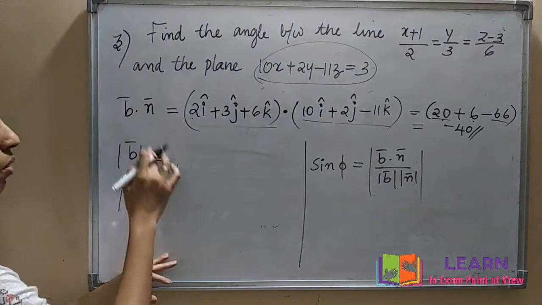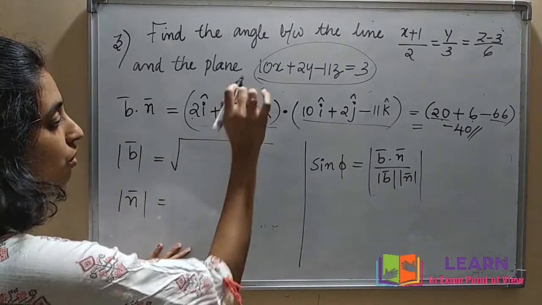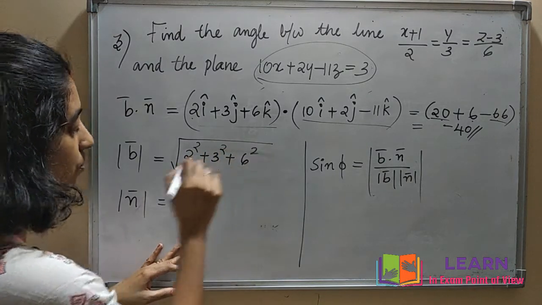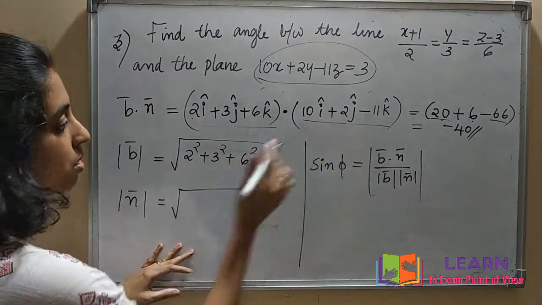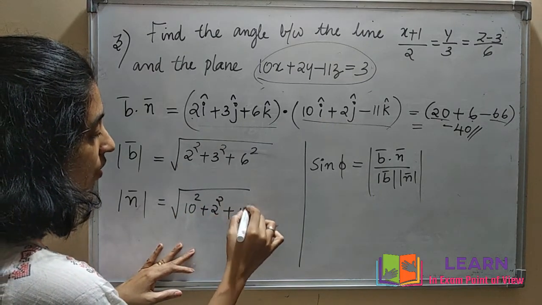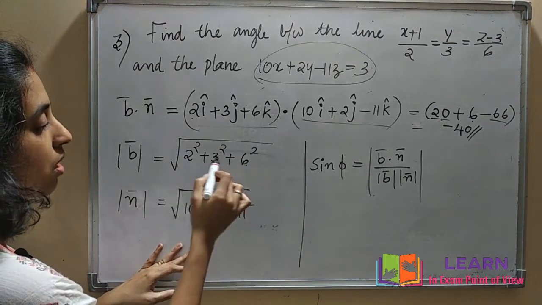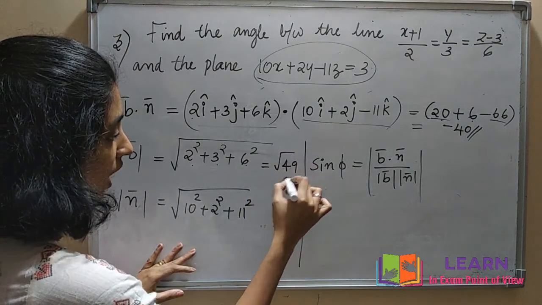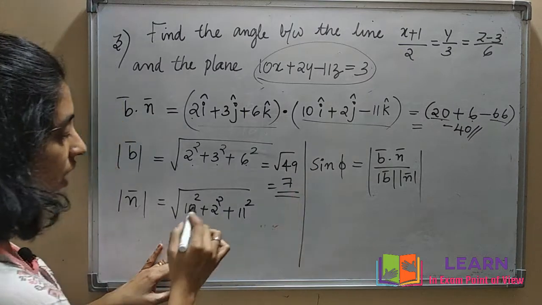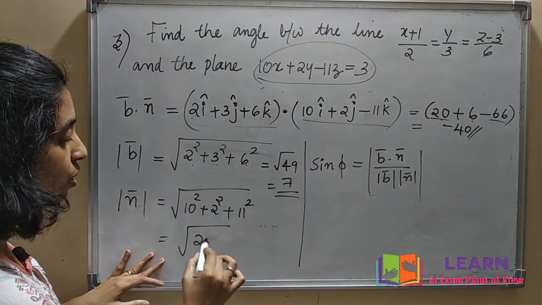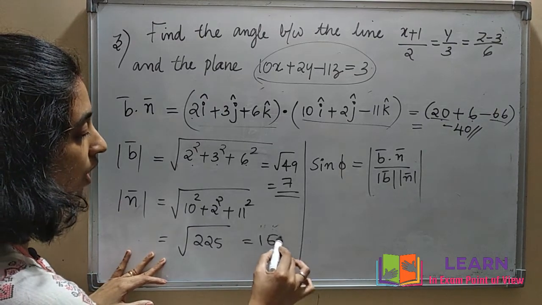Now taking mod b, that means square root of 2 square plus 3 square plus 6 square. Similarly mod n, 10 square plus 2 square plus 11 square. So this is 4 plus 9 plus 36, that is root 49, that is 7. Here 100 plus 4 plus 121, that is root 225, you will get 15.